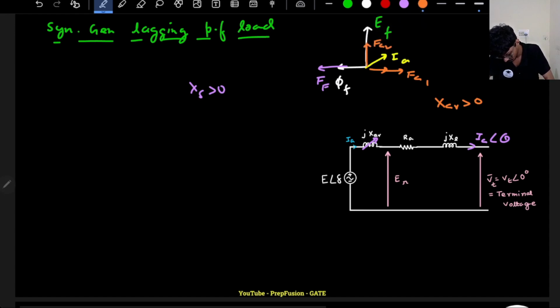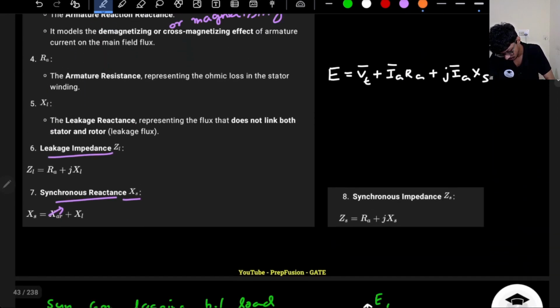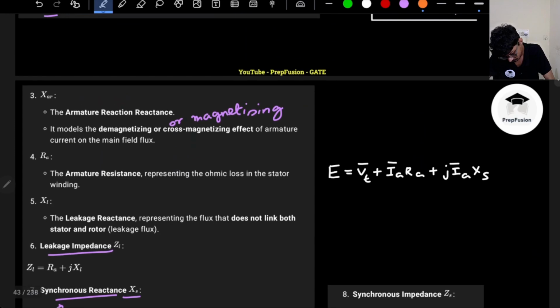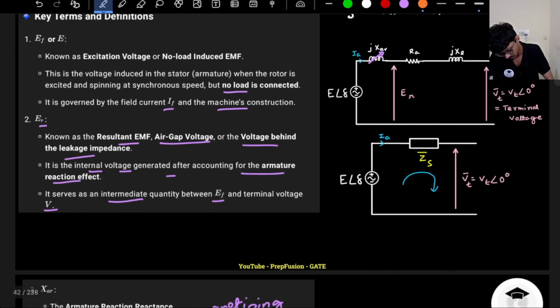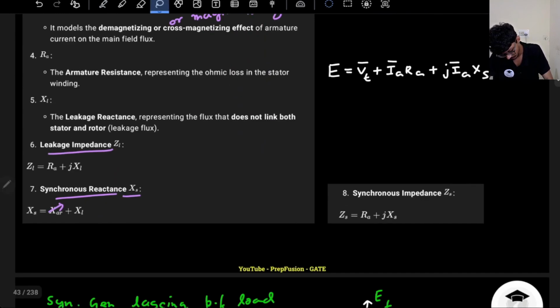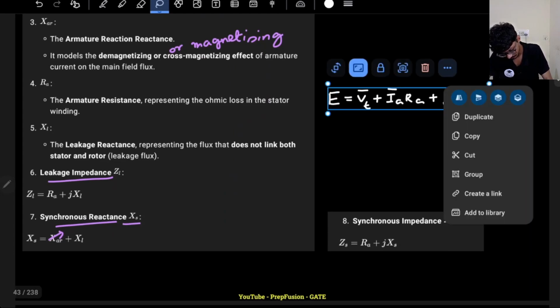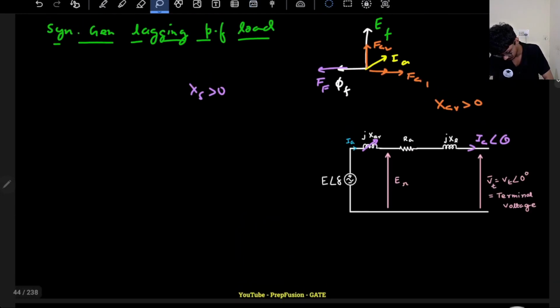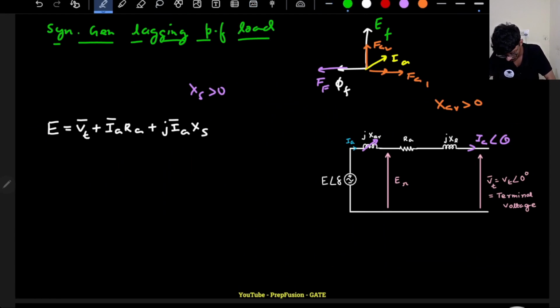What is my E equal to? E is equal to this value. Let's assume your VT is somewhere around here.